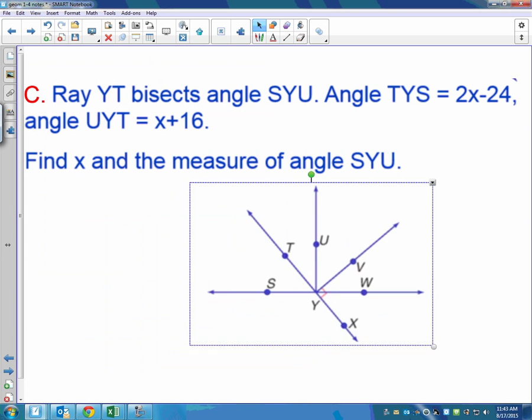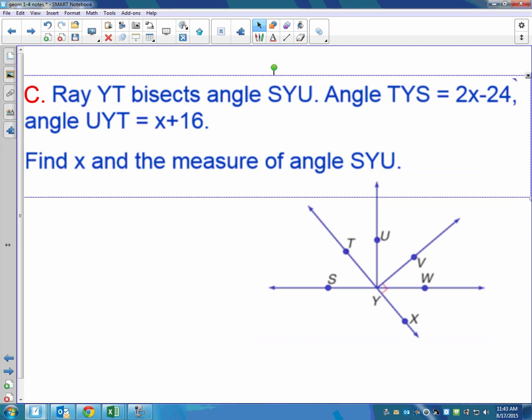Okay, what about this? What if they give you values like this? Ray YT bisects SYU. Angle TYS equals 2x minus 24, and angle UYT equals x plus 16. Find x and the measure of SYU.